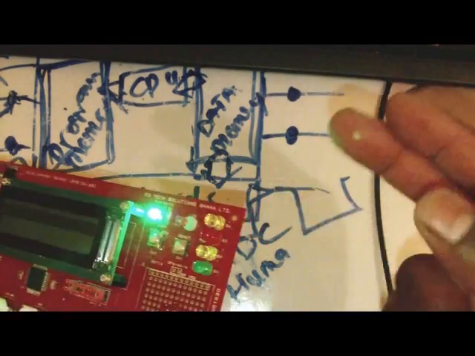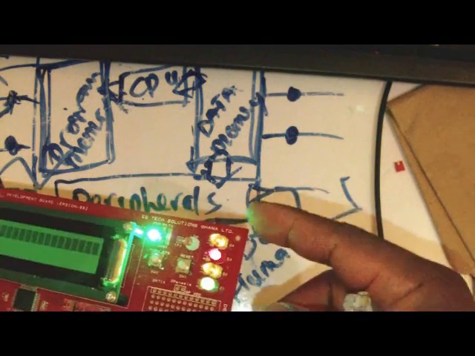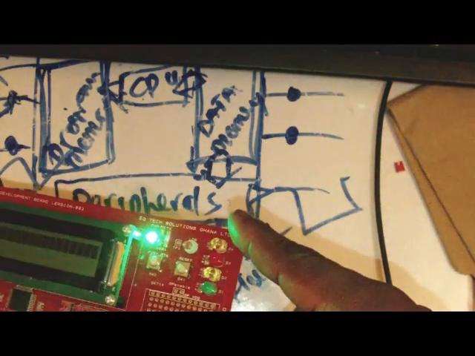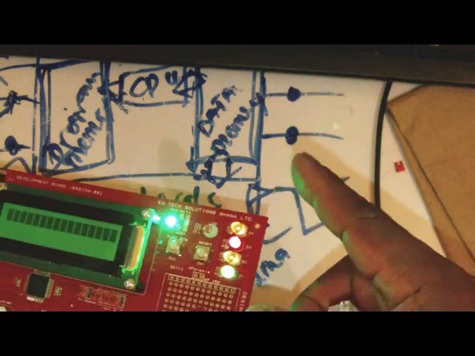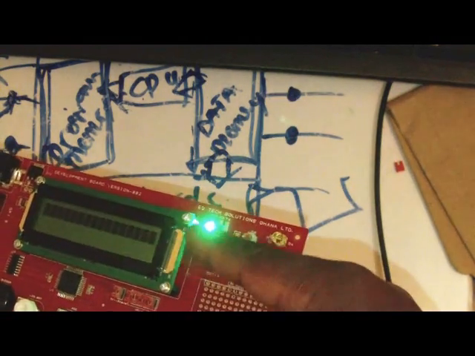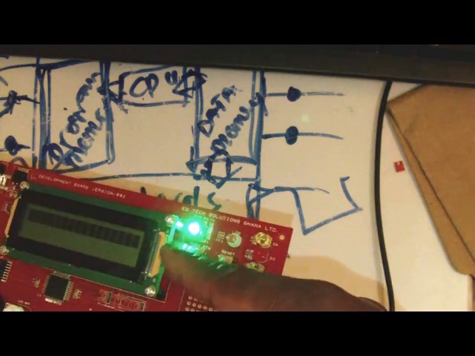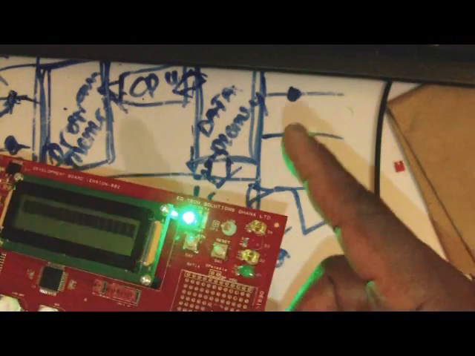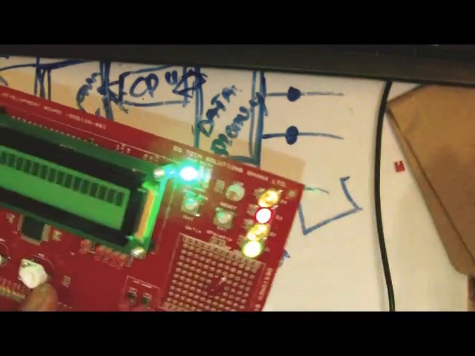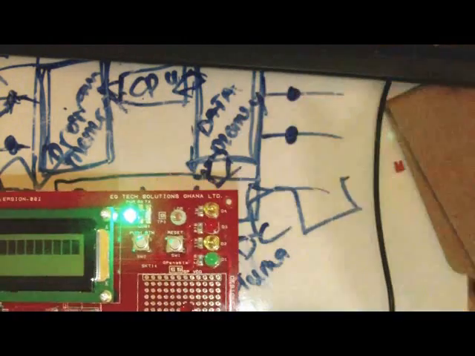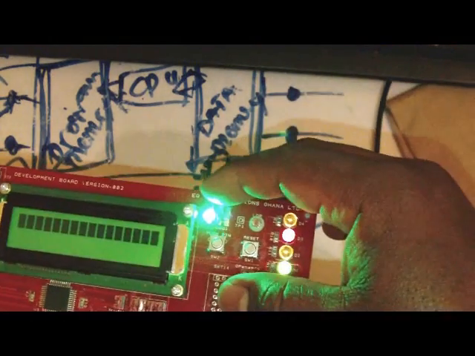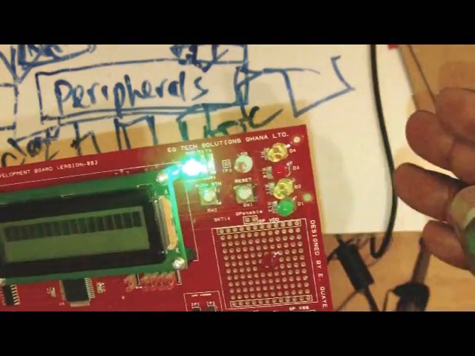That's what we told the code to do. This LED is on port B, then the backlight is being controlled by pin 7 of port A. So first port B is off, then pin 7 comes on, so they work at the same time, and that is exactly what we instructed it to do in the code.